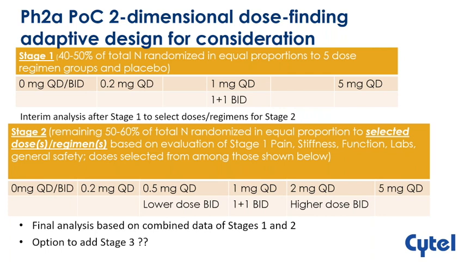So we could pick middle doses, or we could pick the original doses from stage 1, or we could expand the BID to lower or higher doses. Now, naturally, we wouldn't choose all of these doses that are listed. They were just pre-specified to be chosen. You could also consider an option to add a third stage, but this example didn't have that.